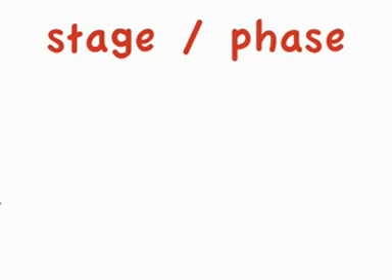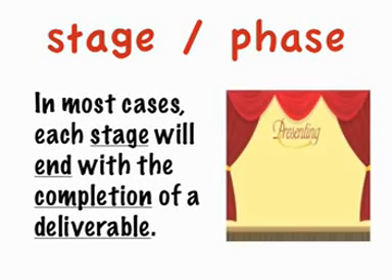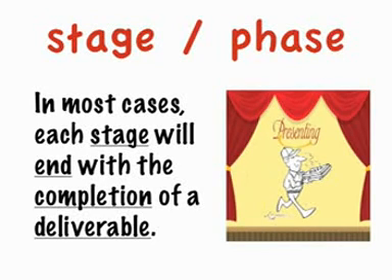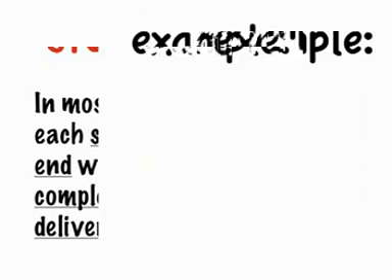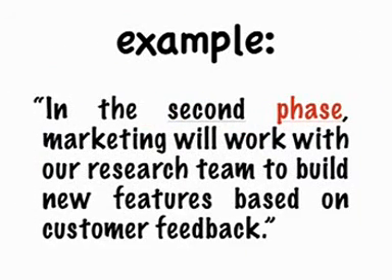In most cases, each stage will end with the completion of a deliverable. In the second phase, marketing will work with our research team to build new features based on customer feedback.